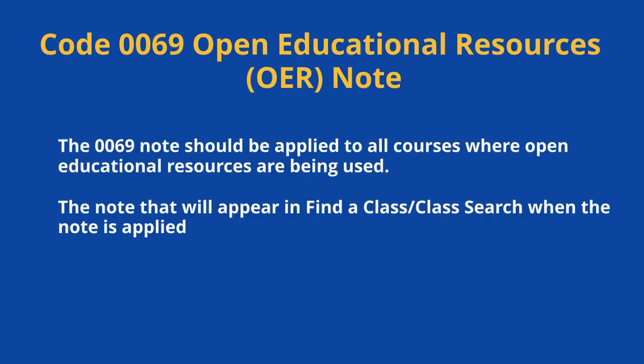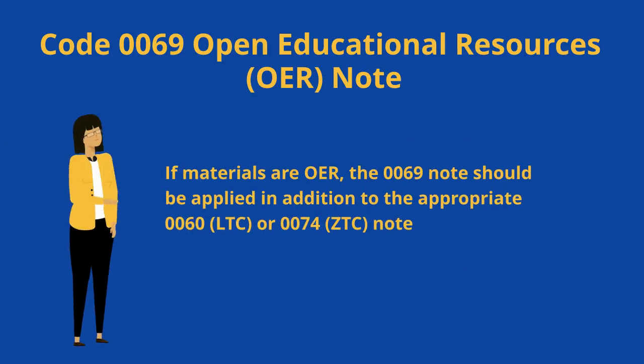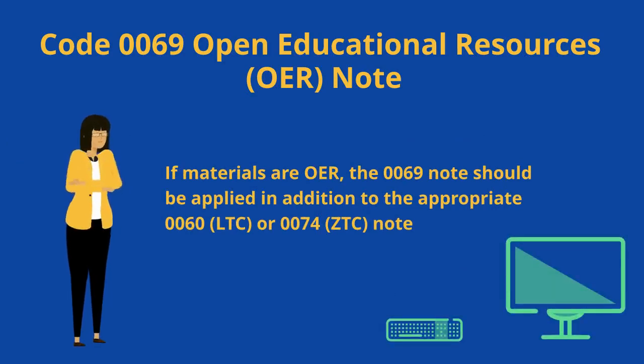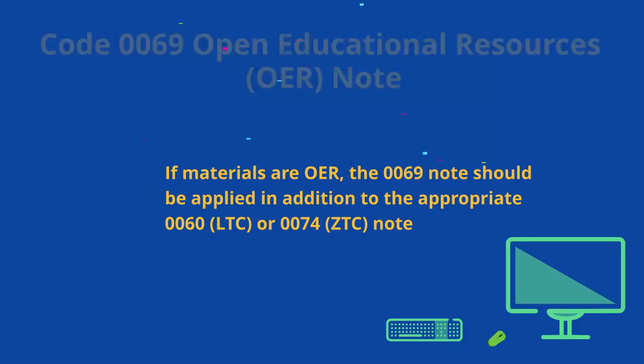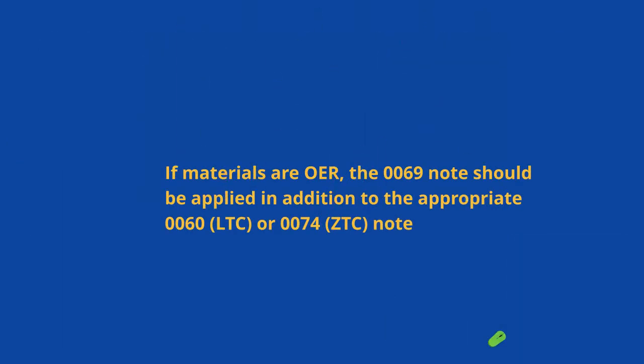The 0069 note should be applied to all courses where open educational resources are being used. The note that will appear in Find a Class search when the note is applied is: if materials are OER, the 0069 note should be applied in addition to the appropriate 0060 LTC or 0074 ZTC note.